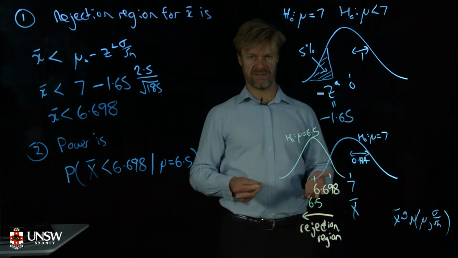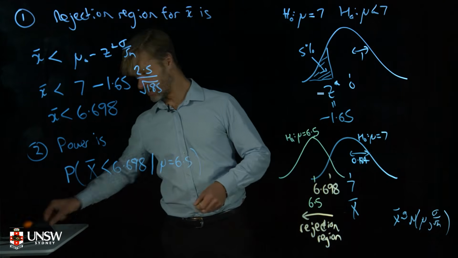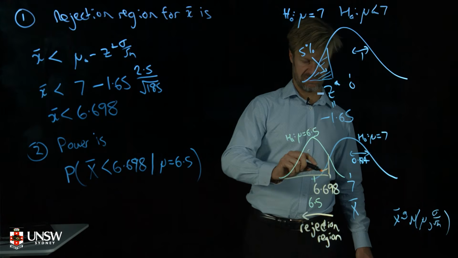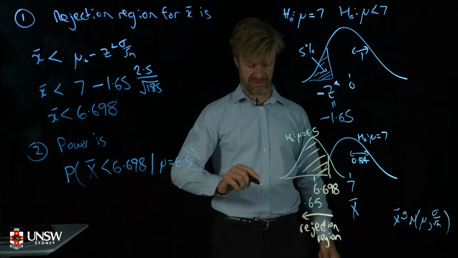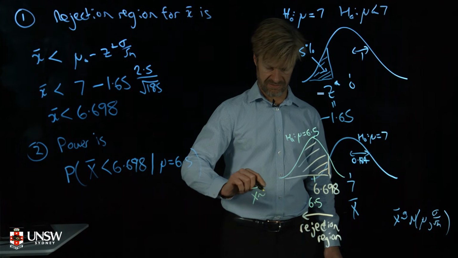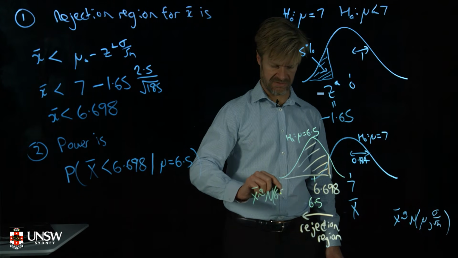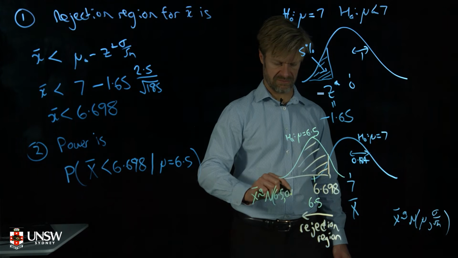We want to know what is the chance of being in the rejection region now. So what we're doing now to get power is, under this alternative hypothesis, we're saying that the sample mean is approximately normally distributed by the central limit theorem, but now it's centered on 6.5. Same standard error, 0.184.